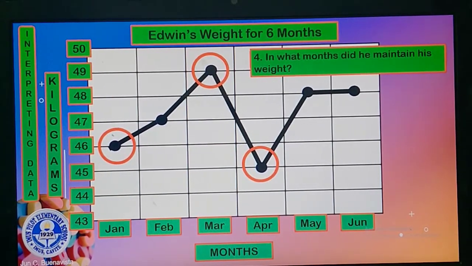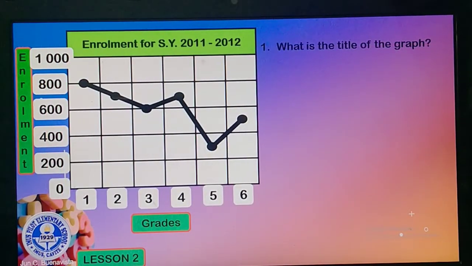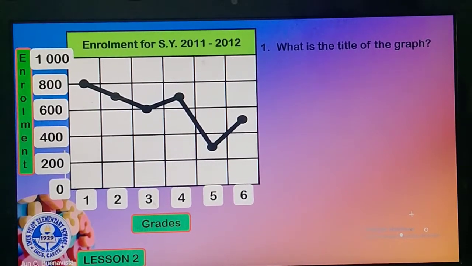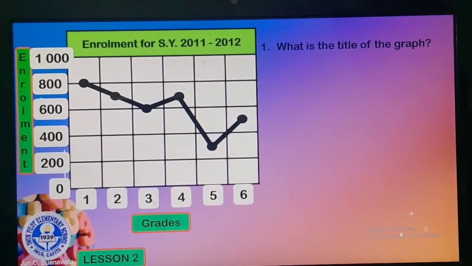Okay, let's have another example here. Our title is Enrollment for School Year 2011 to 2012. Then, our vertical line, enrollment, starts at 0, then 200, 400, 600, 800, 1,000.